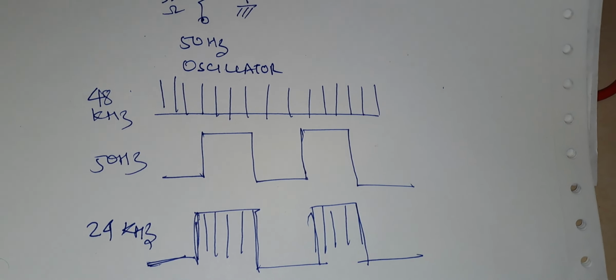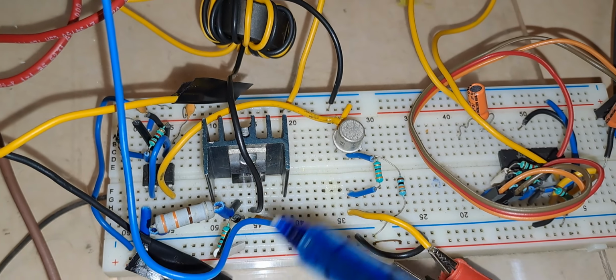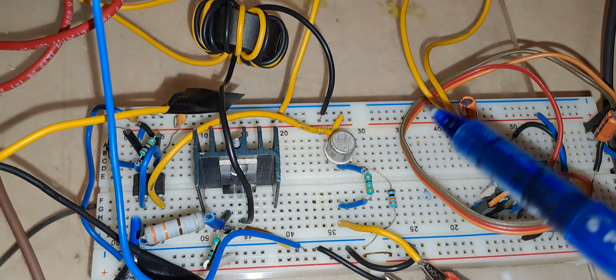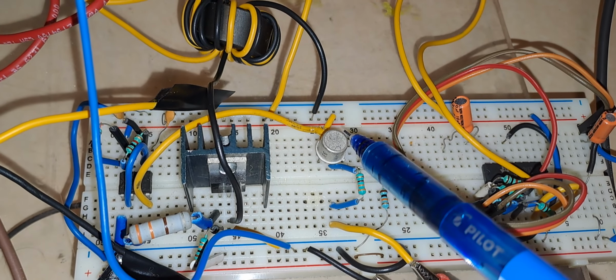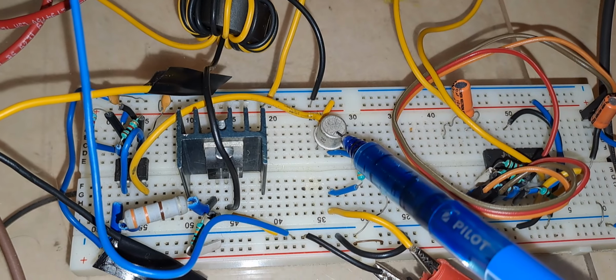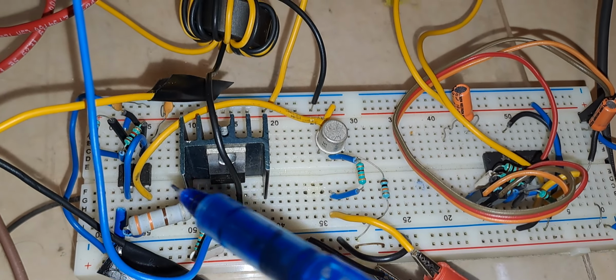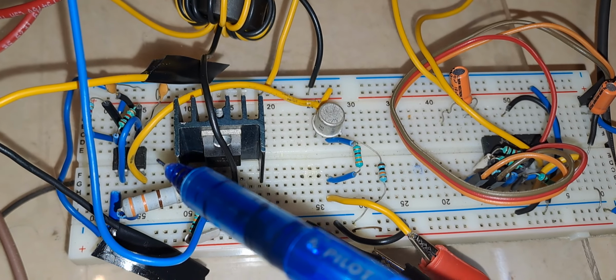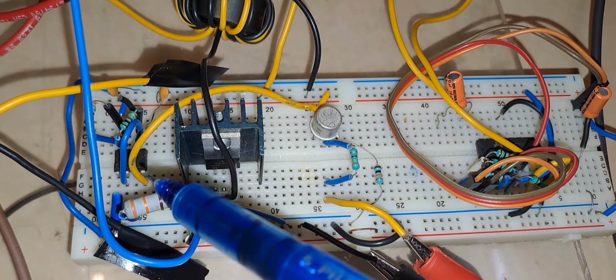So let us see on the diagram. As you can see on the diagram, this is the 555 oscillator, and I am using this transistor. To the gate of this transistor I am feeding 50 Hz. The 50 Hz signal is the modulating signal, and this oscillator is generating the carrier signal. Finally, at pin number 3 of the 555, I am getting the modulated waveform.